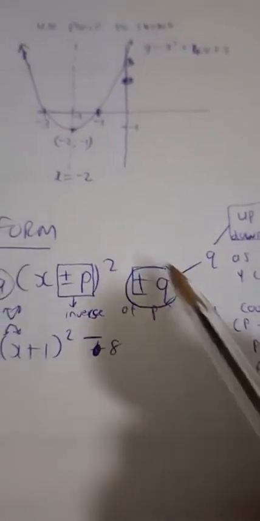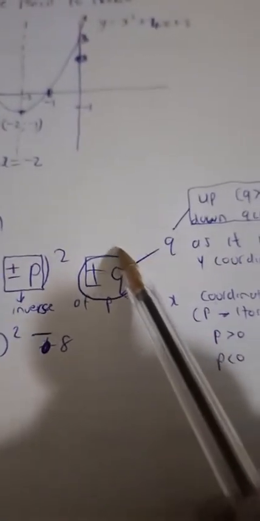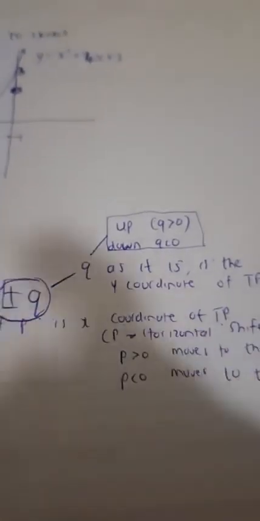So in other words, the isolated constant value, because remember, sometimes they may use different letters. It's just important to note that the constant value that is isolated from the binomial square term is the value which speaks to the y coordinate of the turning point, and also to the vertical movement of the graph.